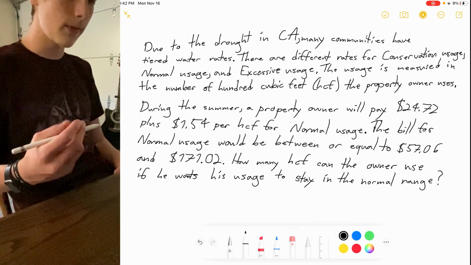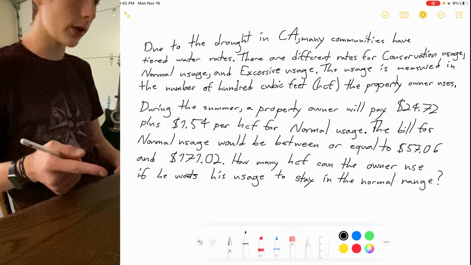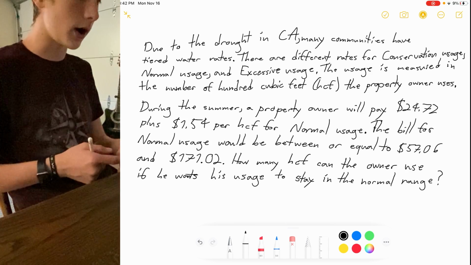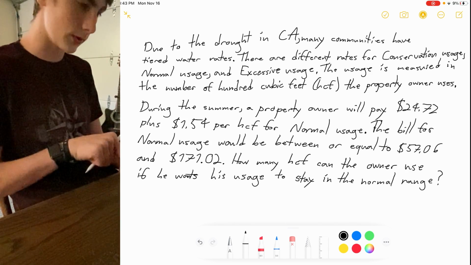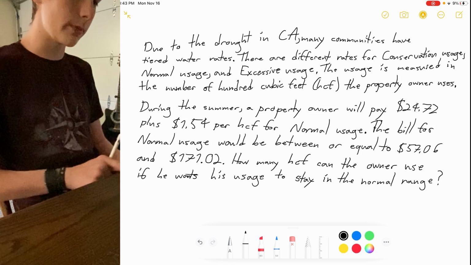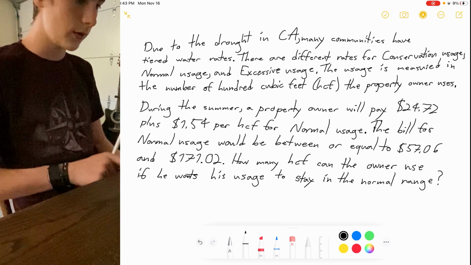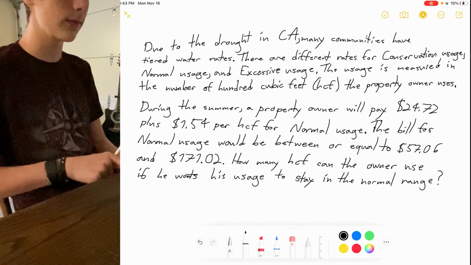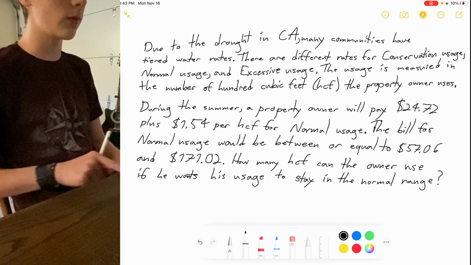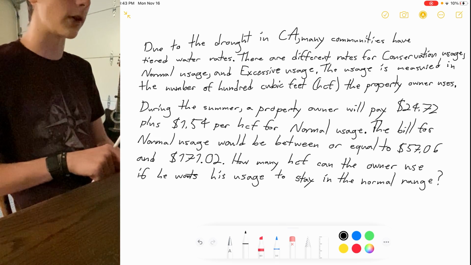During the summer, a property owner will pay $24.72 plus $1.54 per HCF for normal usage. The bill for normal usage would be between or equal to $57.06 and $171.02.